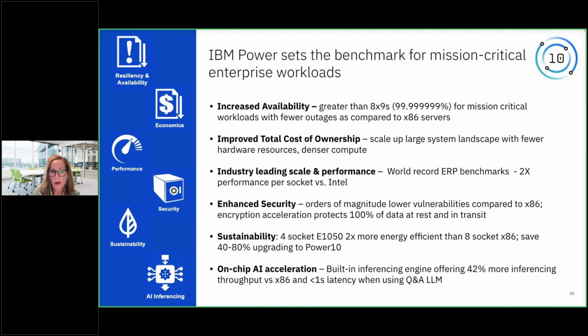So one of them is around availability. We have greater than 8 nines of availability of downtime. That's annually is how we measure it, based on industry standards. And what that means is far, far less outage than what customers will see out there with other platforms.